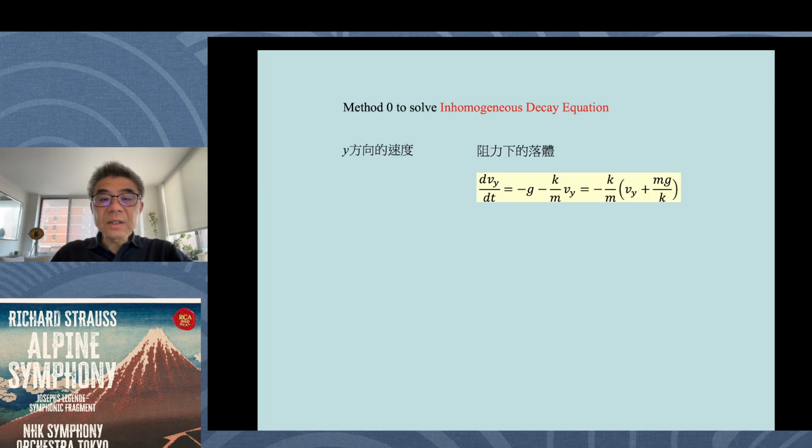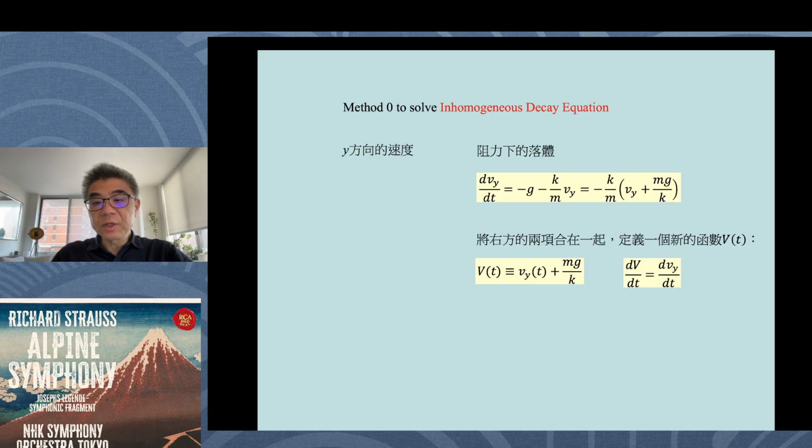The idea is actually very, very simple. You can define a new function, capital V, which is Vy plus mg over k. We do this because with this substitution, the right-hand side is just equal to k over m times capital V, while the left-hand side, dvy dt, is equal to d capital V dt, because the difference between the two functions is just a constant.